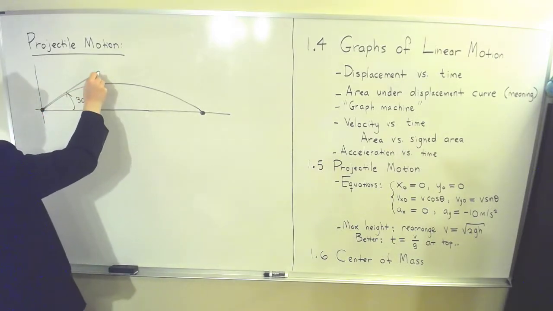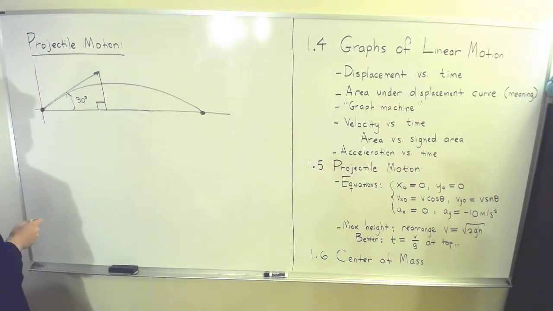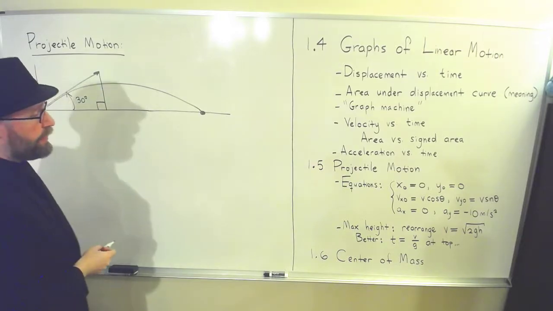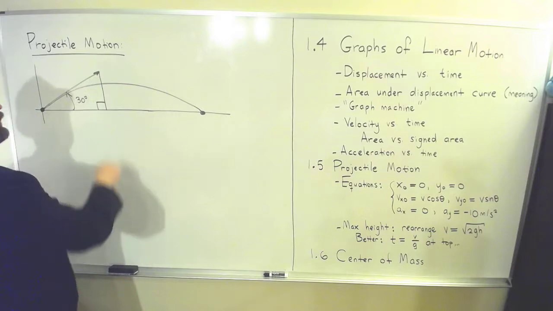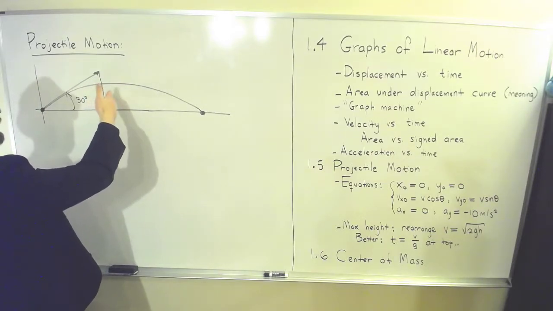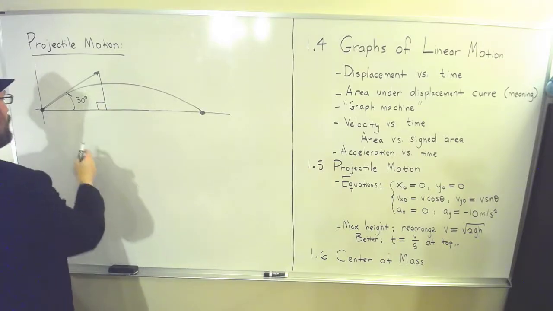Now what we're going to care about is the y component of that velocity, and we're going to have to find out how long it takes for it to go up and come down.